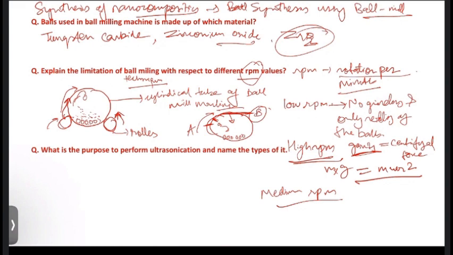And this will happen with a number of other balls also on your sample, and this action will give you effective grinding. So this is a limitation of ball milling with respect to different RPM values. We are able to get effective grinding at certain RPM values only. It will not work at low and high speed modes.